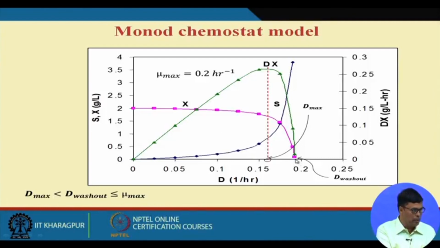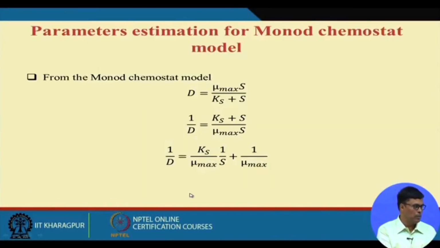You can see that it is not exactly 0.2, it is less than 0.2. So usually D max is lower than the D washout value, and they are very close, 0.15 and a bit less than 0.2. So even with a little increase in flow rate, there is every possibility we can meet the washout situation.